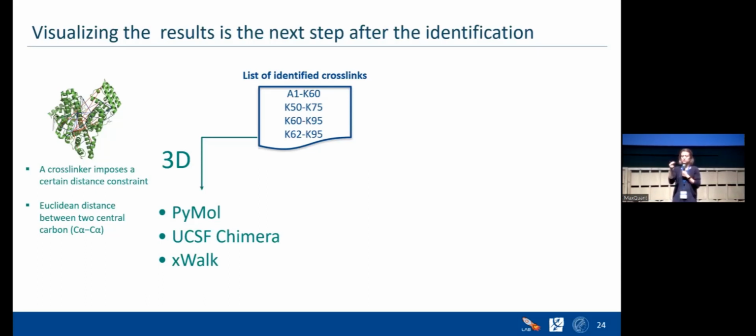Based on this, we can see on the protein structure how far apart the residues are. If the distance is exceeded, then maybe there are conformational changes supporting your idea. Or if it's within the distance, then you will say, ah yes, there's no change in the structure on this side.